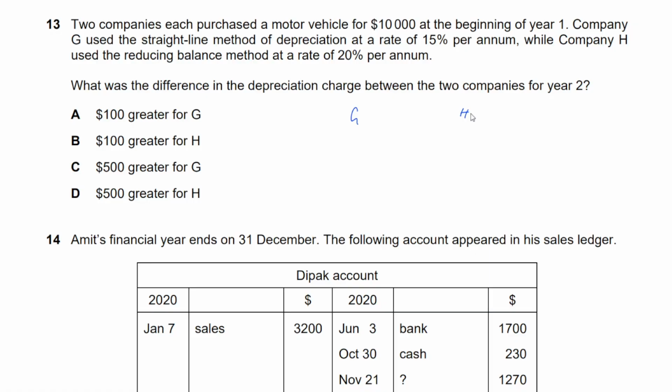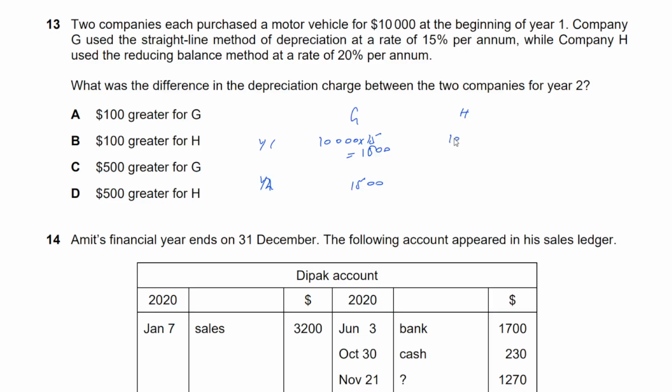For company G, straight line at 15% means every year, year one and year two, their charge is simply 10,000 times 15%. That's all they're going to charge: 1,500 this year, 1,500 the second year. What about company H? They're using the reducing balance method. So we calculate the net book value and then take a percentage of that.